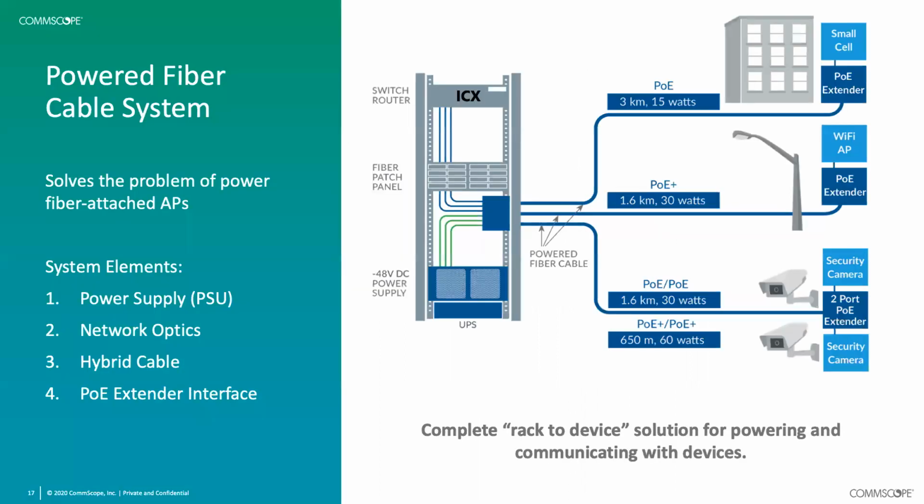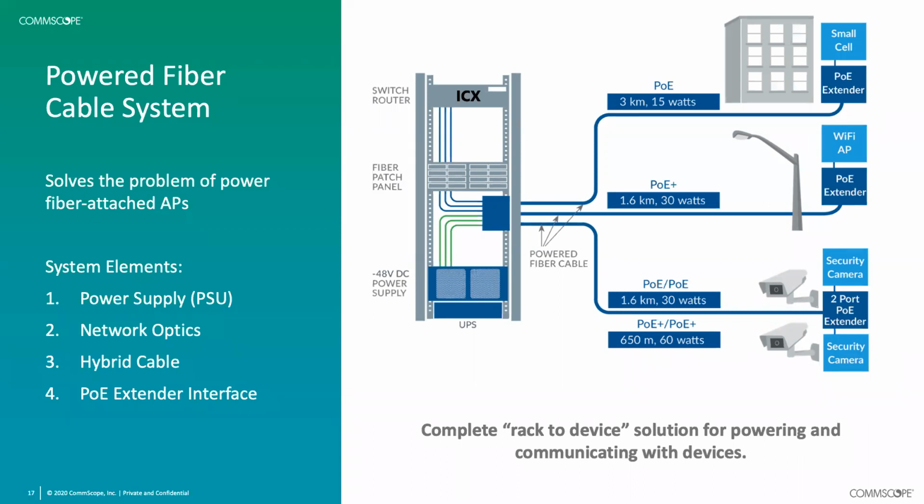So one way we can solve this power problem if we want to use fiber is with the power fiber cable system that CommScope offers. Basically, it's a system consisting of a power supply and some distribution. And then we have the PoE extenders that you can place at the end of these runs.